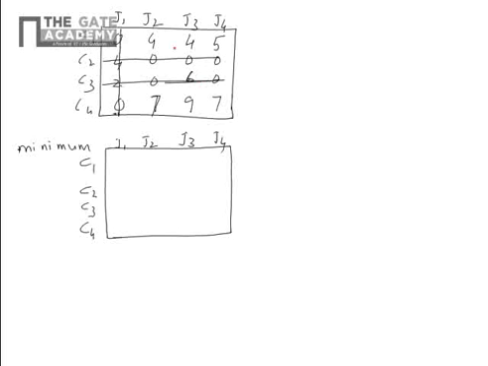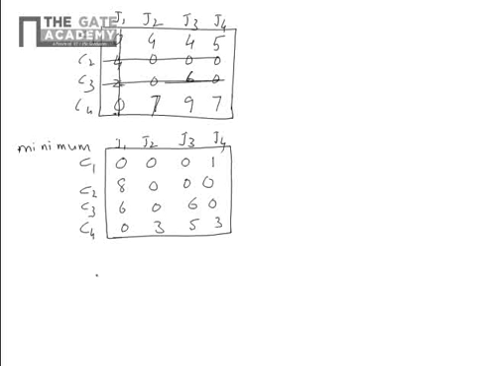Look at the uncovered values 4, 4, 5, 7, 9, 5, 7, 9, 7. Take the minimum value and subtract it from all other uncovered values, and add that 4 at the intersection points, like 4 comma 2: 0 after adding 4 becomes 4, 8 and 2 become 6 and 0. The singly covered values remain the same. Here subtract 4, subtract 4, subtract 4.